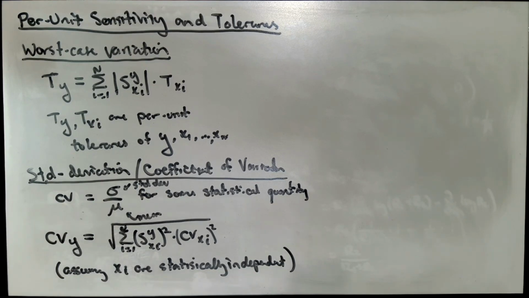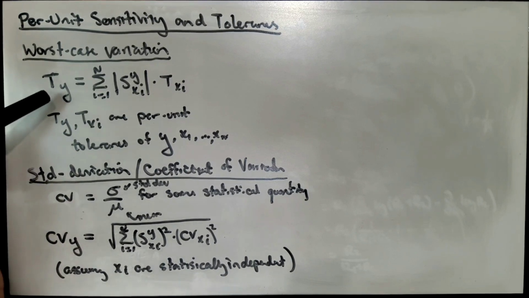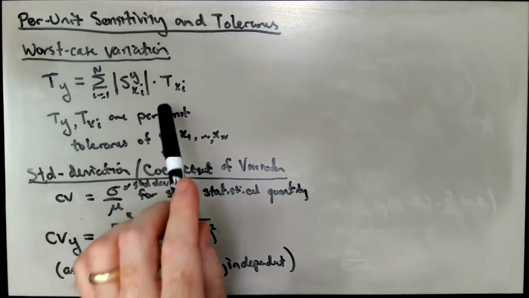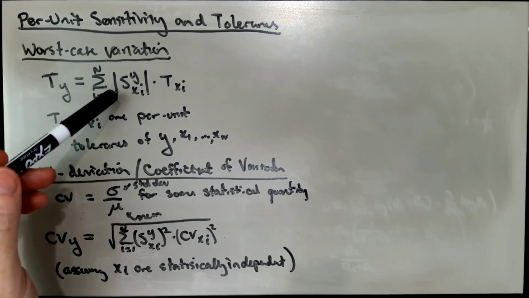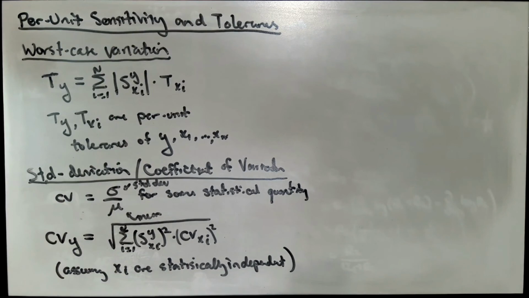Anyway, if you know something about the means and the standard deviations, you could use something like this to combine the coefficients of variation with the sensitivities to find the expected coefficient of variation in the overall parameter we're interested in. If you're interested in worst case, you could be a little bit more pessimistic and basically take these per unit variations in the parameters and combine them with the absolute values of the sensitivities.